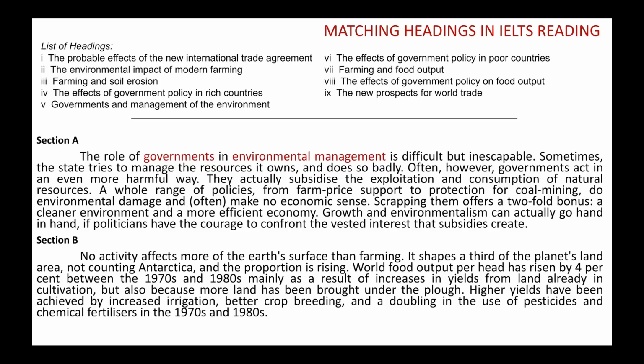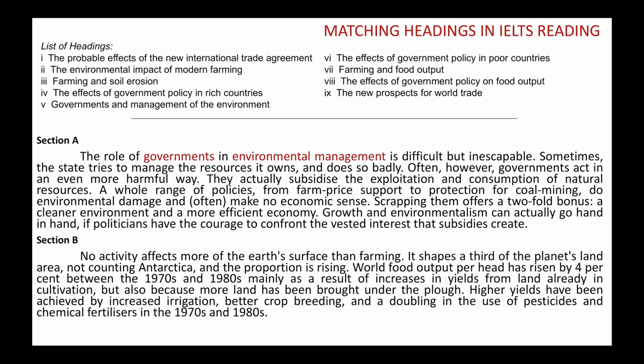Let's think about the others. Is the first one valid? Well, we do not have anything in the paragraph about international trade agreements, so not this one. The next one is about the environmental impact of modern farming, and there is actually nothing about farming in the paragraph.